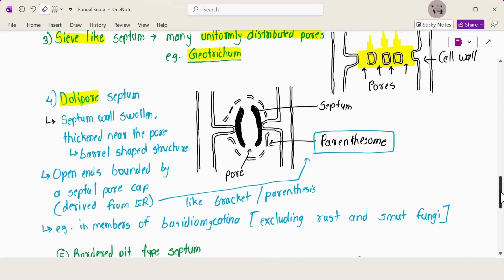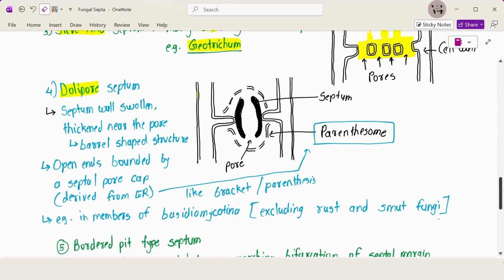First, draw the hyphal wall. As the septum approaches the center, show the wall becoming swollen and thickened, forming a barrel-shaped structure around the pore. Now draw curved bracket-like structures on both sides of this barrel. These are called parenthesomes or septal pore caps.